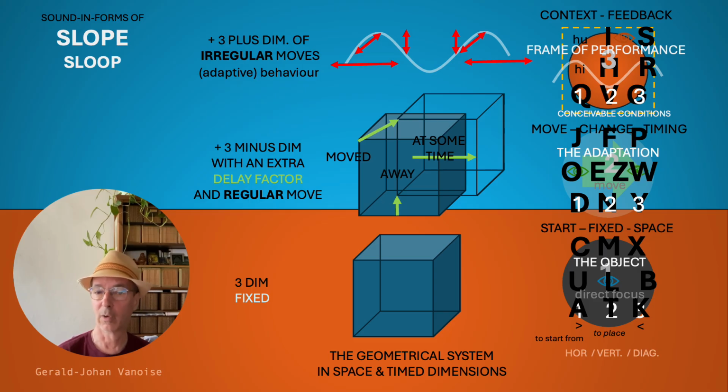Or if it is not just one describable movement of 1, 2, or 3 directions, but a whole set of movements that adapt as well, then we have the last category, where the whole adaptation process, the whole behavior, is described with an extra 3 dimensions or directions, in two ways, from what you act and how you behave towards what you need to do.